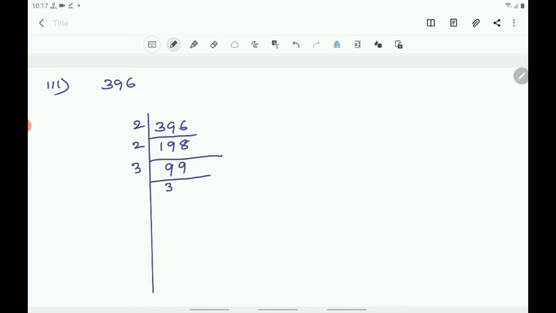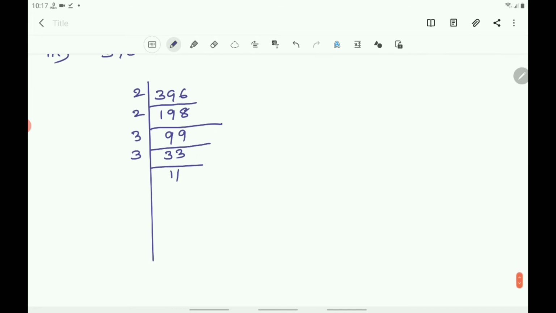Then you write 3. Again it is divisible by 3, so you divide it by 3, 3 11s are 33. Then lastly it is 11 ones.